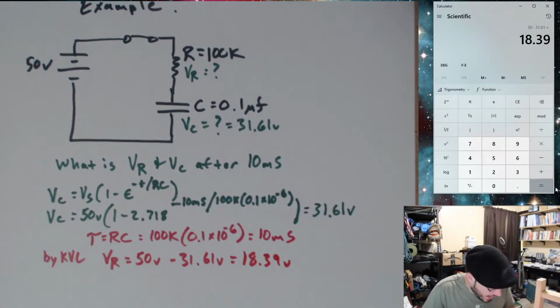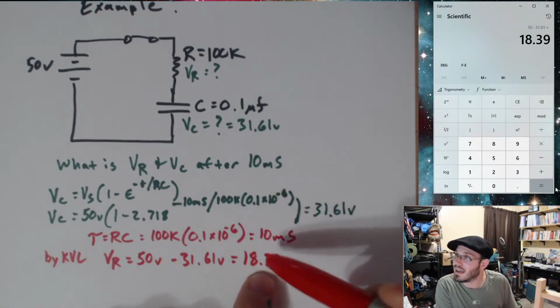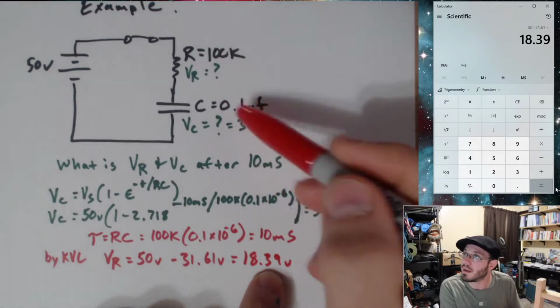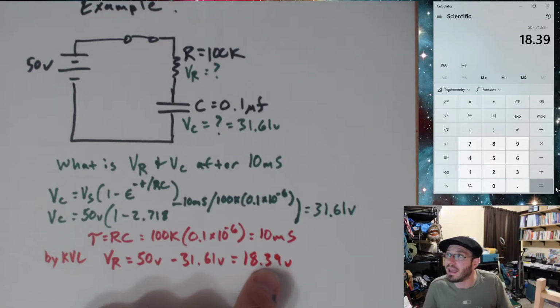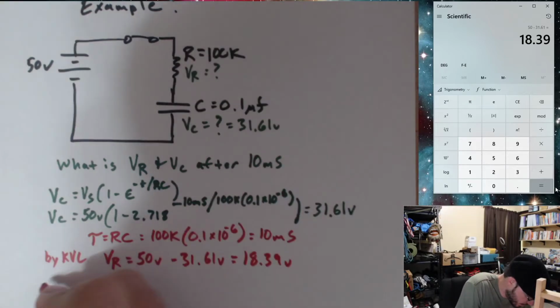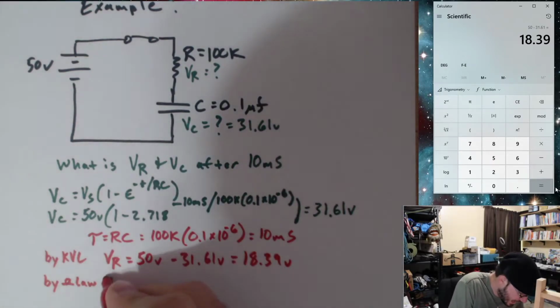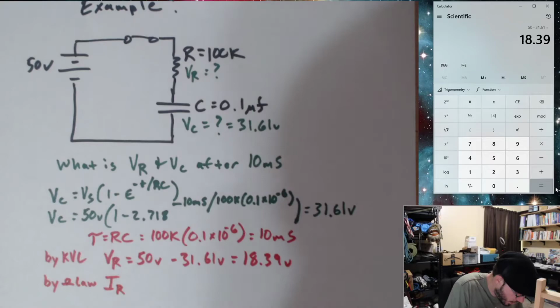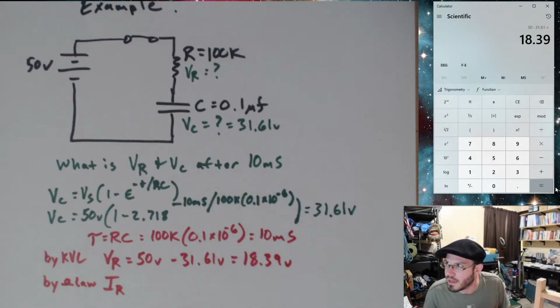Okay, and then I can go ahead and apply Ohm's law over here. Since I know at time 10 milliseconds, I have 18.39 volts across my resistor, I can just take 18.39, divide it by 100K, and I should end up with the current that's going through this. So by Ohm's law, I through R, which is the same as I through C, because this is a series circuit. Current's the same at every point in a series circuit.